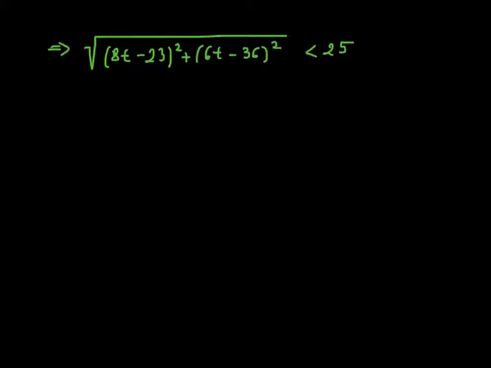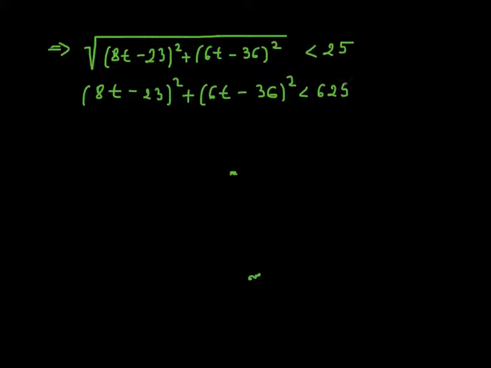So we have an inequality. By squaring both sides, we get (8t minus 23) squared plus (60t minus 36) squared less than 625.